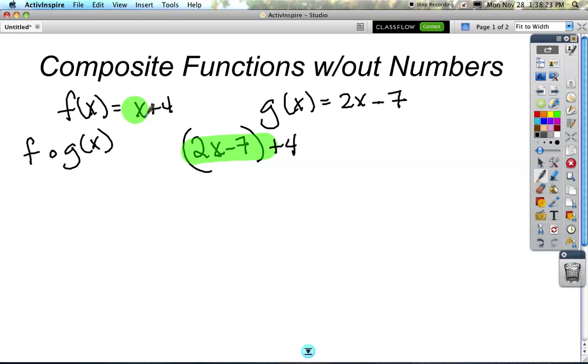Do you see that that is x? The f equation is x plus 4. This is my x. So I just need to do the plus 4 to complete the whole f equation.